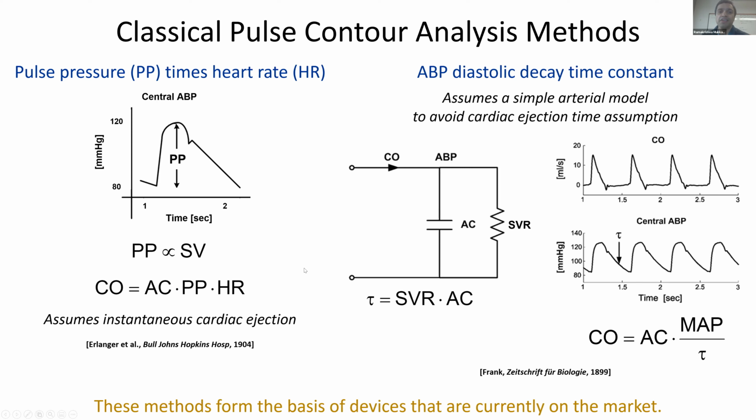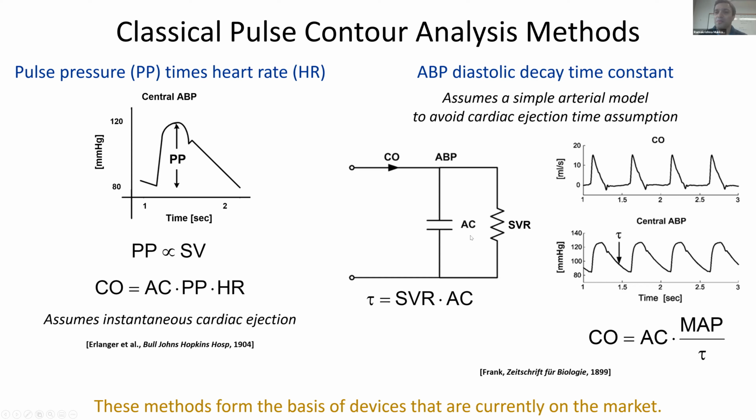The other method avoids the instantaneous cardiac ejection time assumption by assuming a Windkessel model of the arterial tree. This was a model shown in the previous talks for a different application.